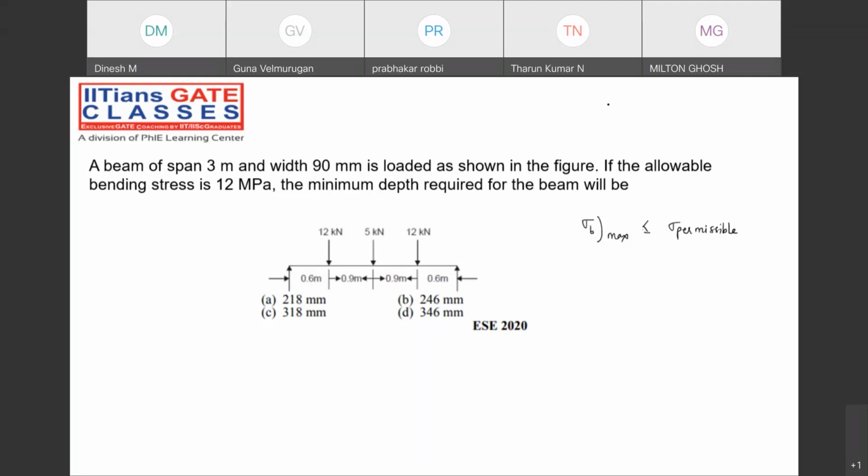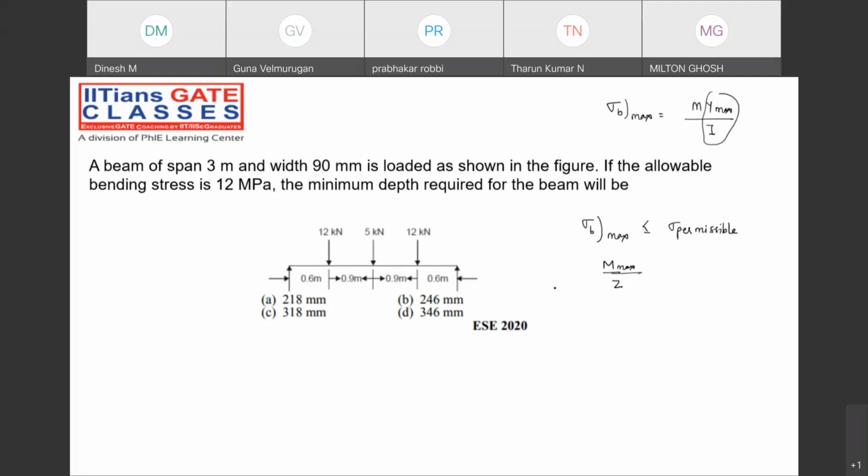And what is the sigma b maximum value? We know that sigma b maximum can be calculated as M y maximum by I, that is, M maximum by Z, where Z maximum is the section modulus.